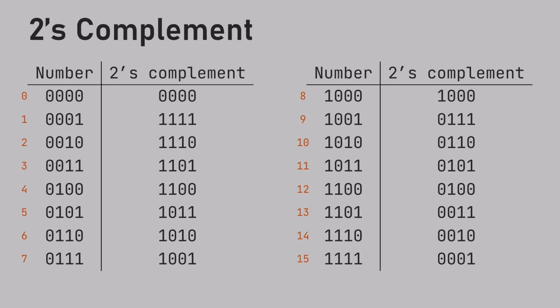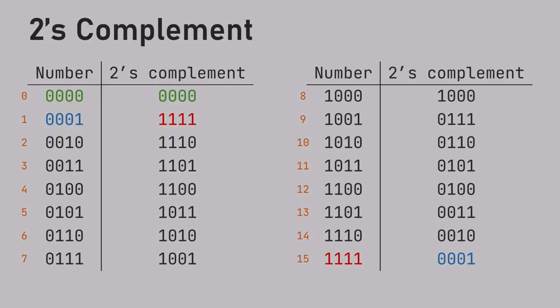This is a table of the 2's complement of all 4-bit numbers. If we take a look at the 2's complement of 0, it is also 0, which is great because negative 0 is also 0. And if we look at the 2's complement of 1, it is 1111, and the 2's complement of 1111 is 1.